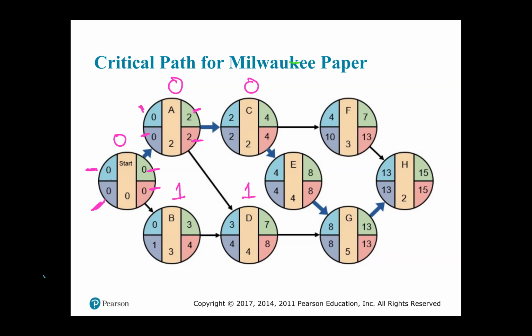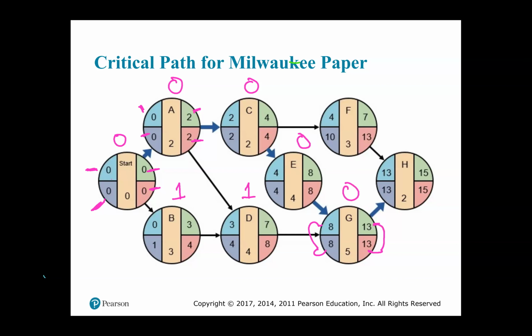Either way, the result is 1. For E, it is 4 minus 4 or 8 minus 8. Either way, the slack is 0. And for G, it is the late start, 8, minus the early start, 8, which is 0, or the late finish of 13 minus the early finish of 13.